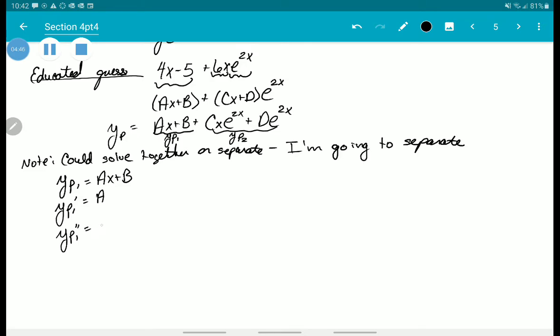First derivative is a, second derivative is 0. So we're going to make our substitution into the differential equation. Our differential equation was y double prime, which is 0, minus 2y prime, which is a, minus 3 times y, which is ax plus b. And that has to be equal to the linear piece of 4x minus 5.